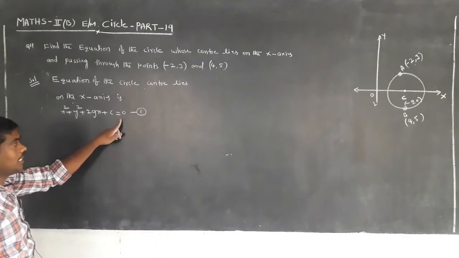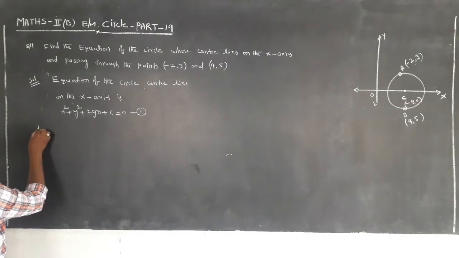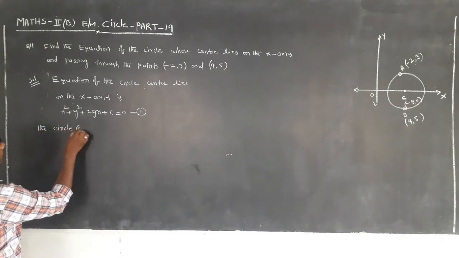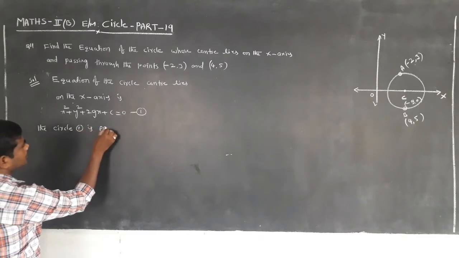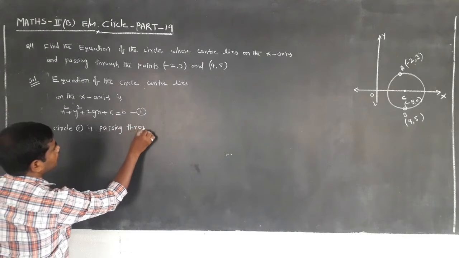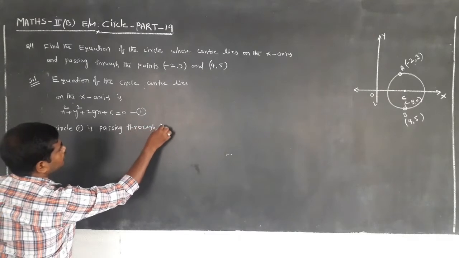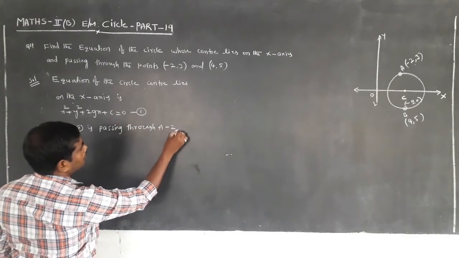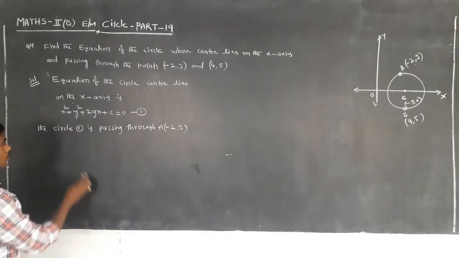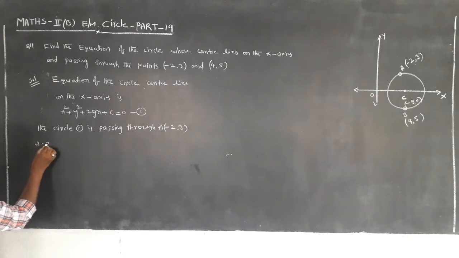Here the circle 1 is passing through A (-2, 3).